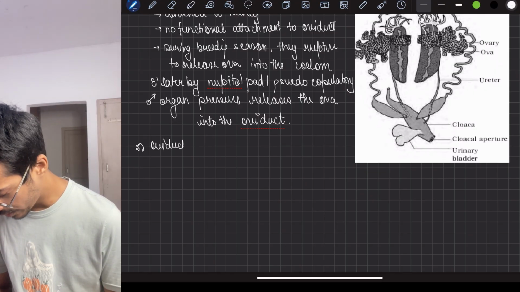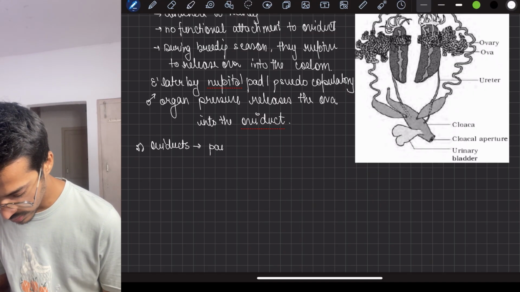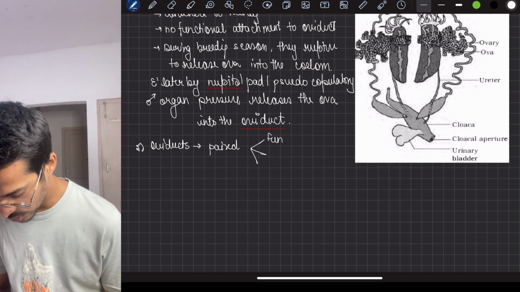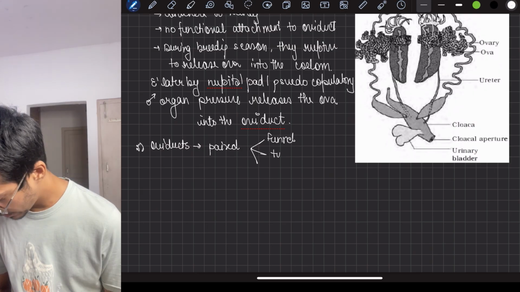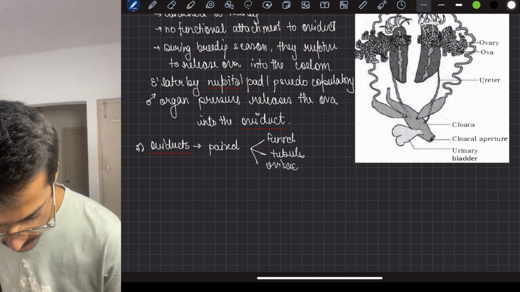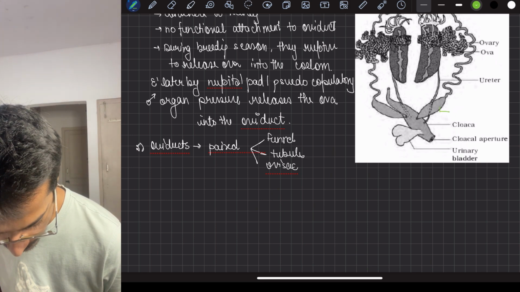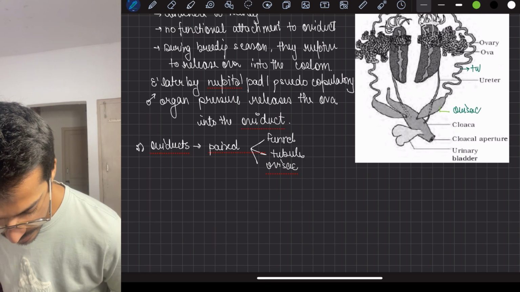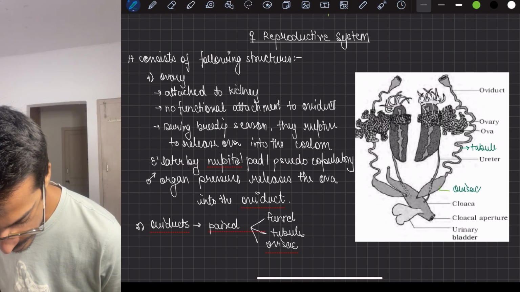Oviducts are what? Paired. It has 3 parts. It has a funnel. It has a tubule. And it has an ovisac. So this part is what? It is the ovisac. This is the tubule. And this is the funnel.